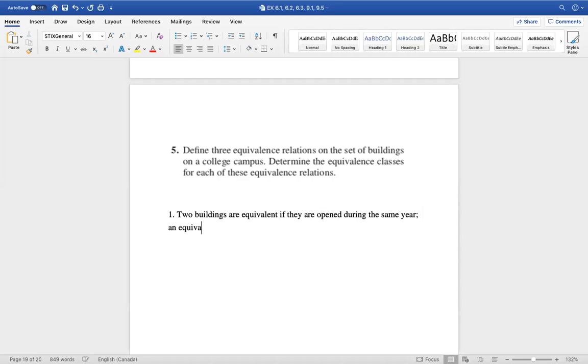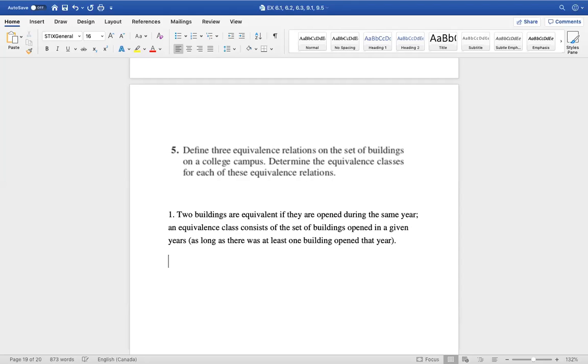An equivalence class consists of the set of buildings opened in a given year, as long as there was at least one building opened that year.